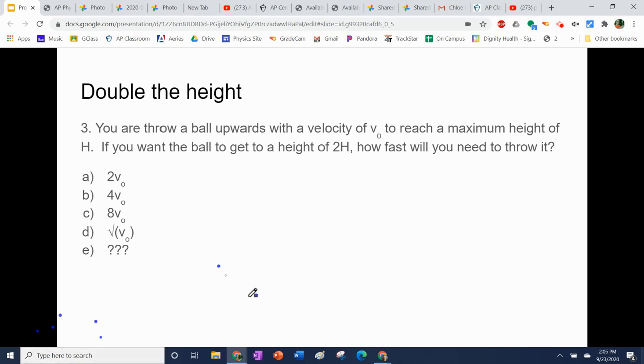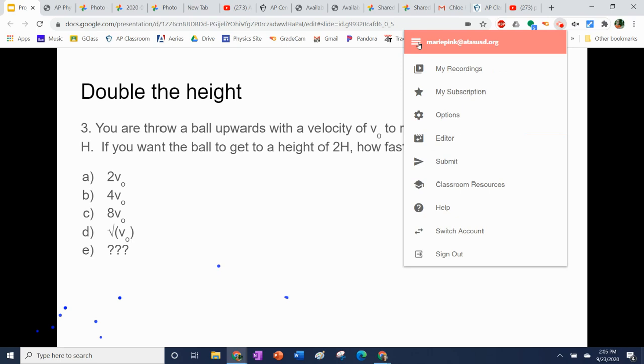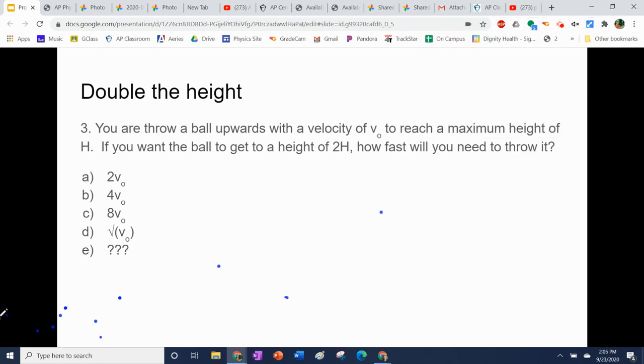How did I, oh no. I lost my buttons. Anybody know how to get my buttons back?